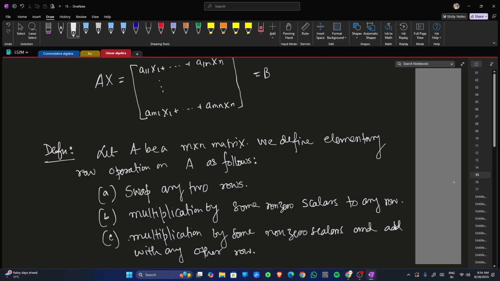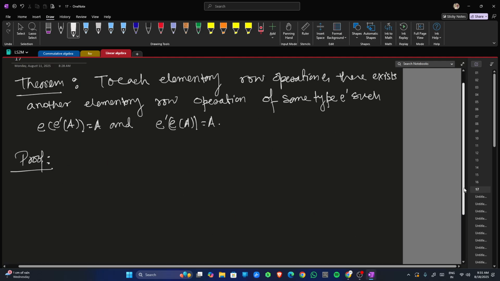And if you apply number C, that you have multiplied any row by any non-zero number, then added it to another row, what you can do is multiply by minus C and add it to the same row, and you get the previous matrix. They are all the same types.